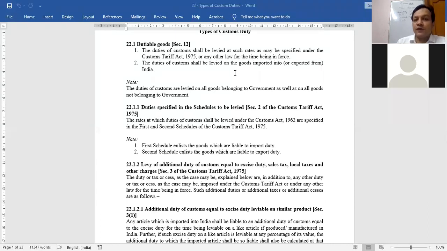Now, first duty of custom is what? First duty of custom is section 12 of the Custom Act, which sends me to section 2 of the Tariff Act. So that section 2 is the first duty, that is known as basic custom duty. So how much will be the basic custom duty?